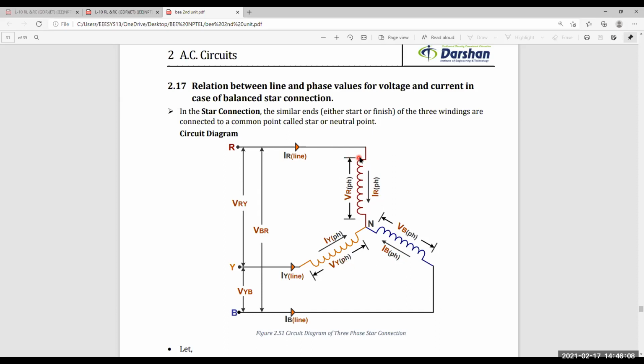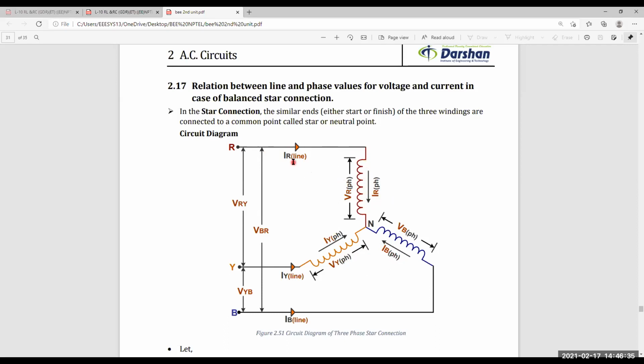R, Y, B. The phase sequence is the same, R, Y, B in the anti-clockwise direction. Here R, here Y, here B. So here is the line current and here is the phase current. These two are in series, so the current entering is the same as the current entering the phase winding.